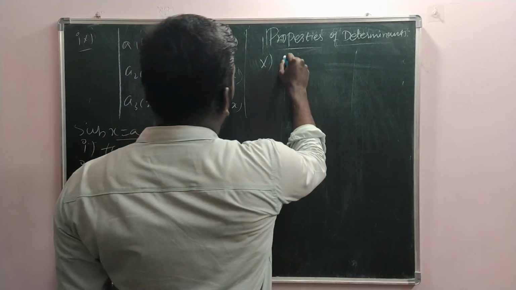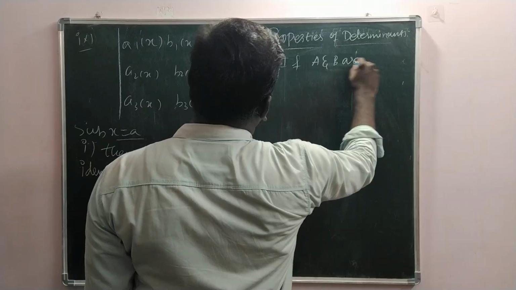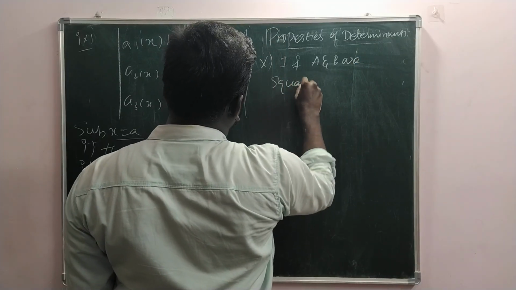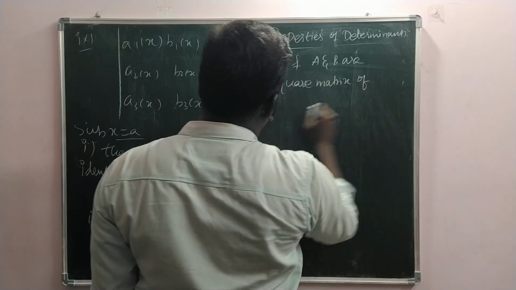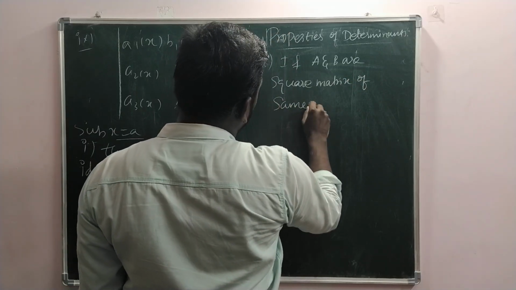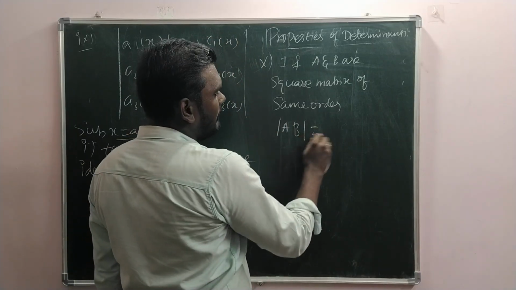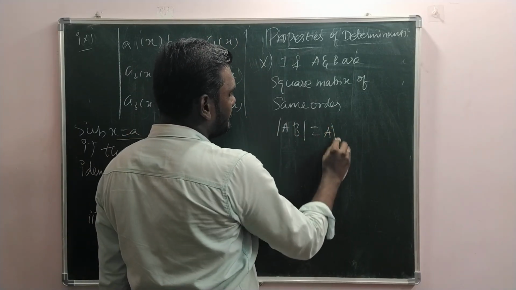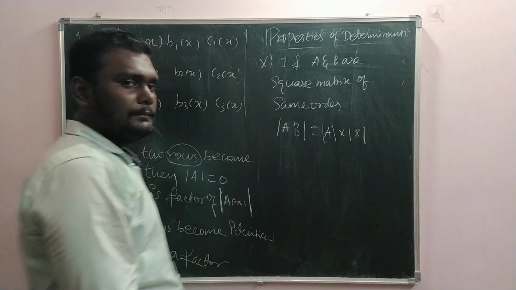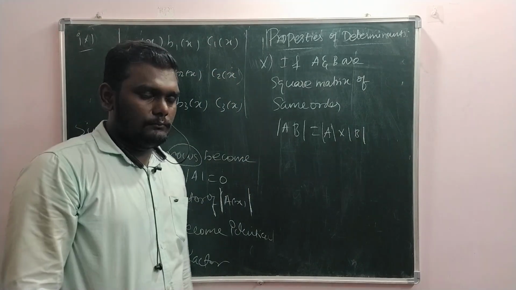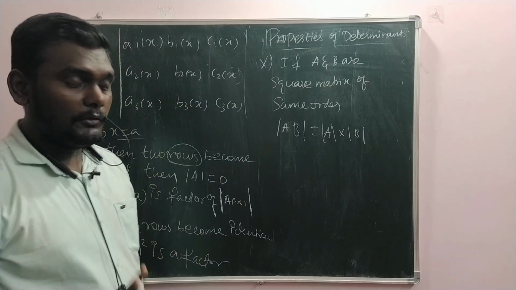And the 10th property, if A and B are square matrices of the same order, then determinant of AB is equal to determinant of A into determinant of B. Also don't get confused.